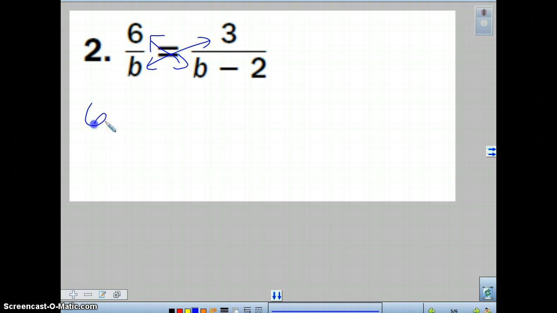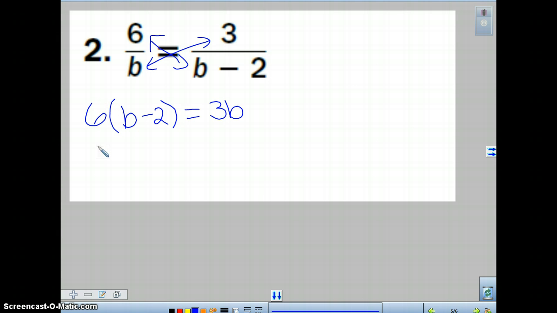It's going to be 6 times what's down here, b minus 2. And that's going to be equal to 3 times b, or just 3b. Now, this looks a lot better than this does, but it's all the same.